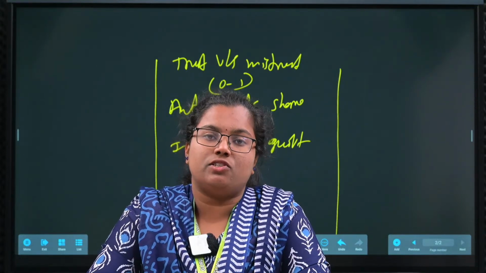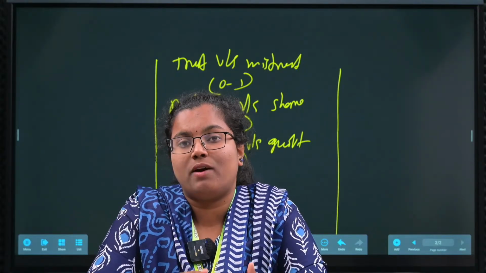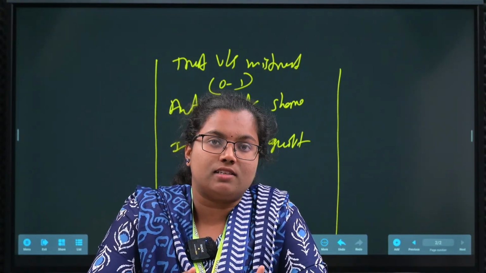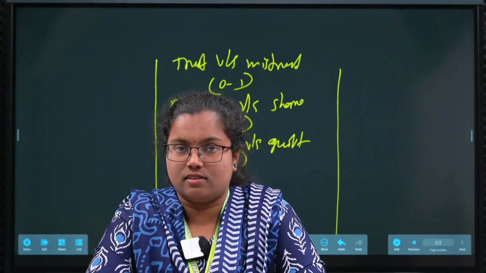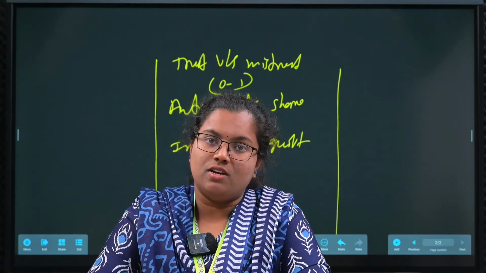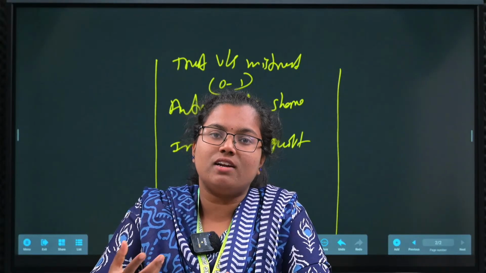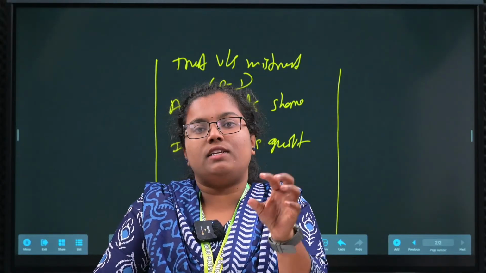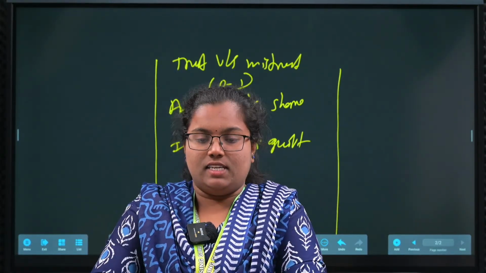In this duration, the child will show active participation in every task. They will take initiative to do the work and complete the task. And they will also feel guilt if it is not working, if they do not succeed. This is about initiative versus guilt, from 3 years to 6 years.